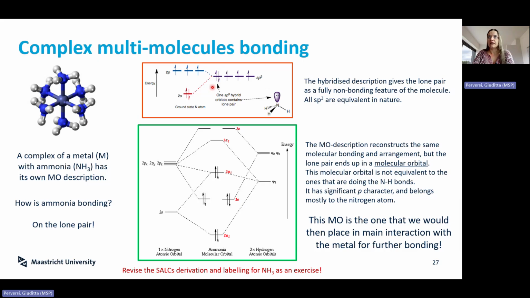One of them is a lone pair, so you will use this one. But what we are saying with this approximation is that all of these electrons are energy equivalent, so this lone pair could be equivalently located in any of the sp3 orbitals.